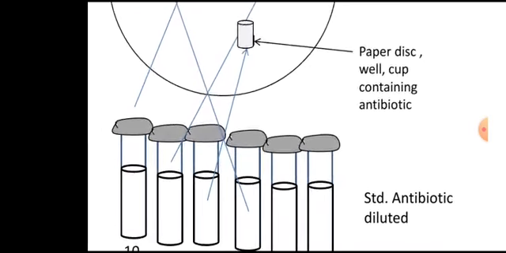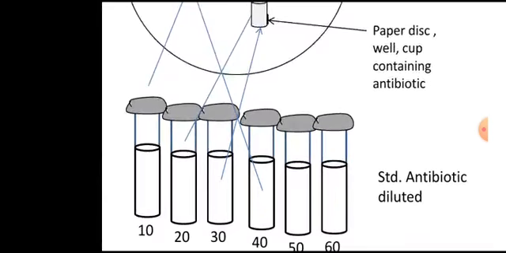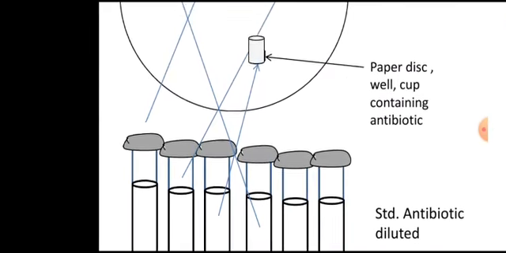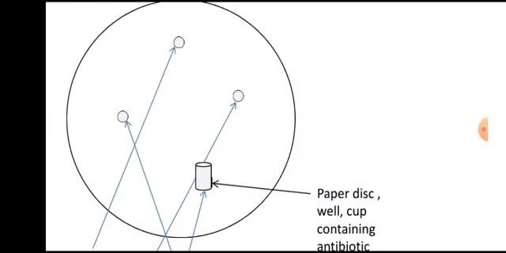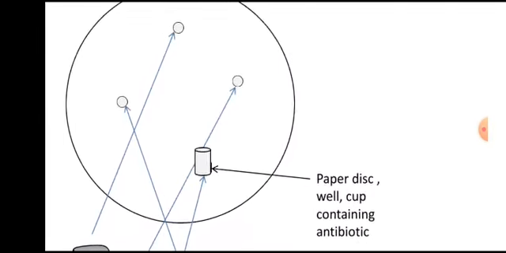Then with the help of this disc, we immerse the disc into the first dilution, that is 10 micrograms per ml, and after that the disc is placed on this agar surface. If it is a well, then approximately 10 to 20 microliters of the first dilution is added to this well or cup or cylinder.